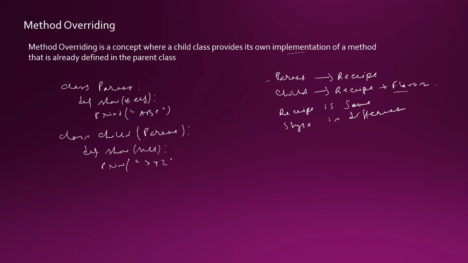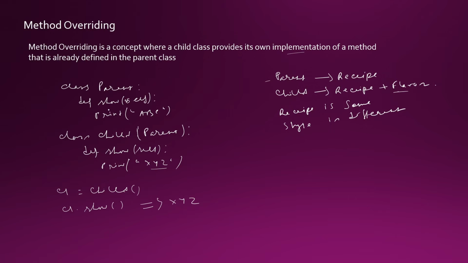X, Y, Z. Now if I create one object c1 from this child class and write c1.show, it will give me the answer X, Y, Z, not ABC. Because when I write the same method and modify my printing statement, my child class automatically overrides the method.